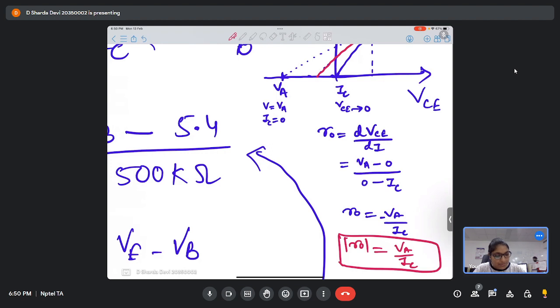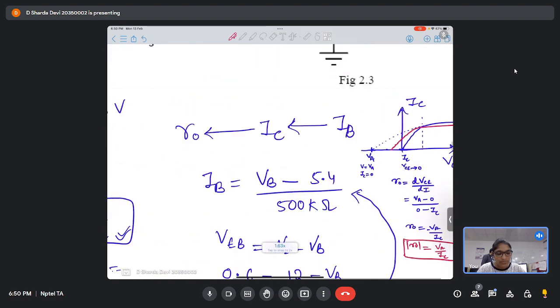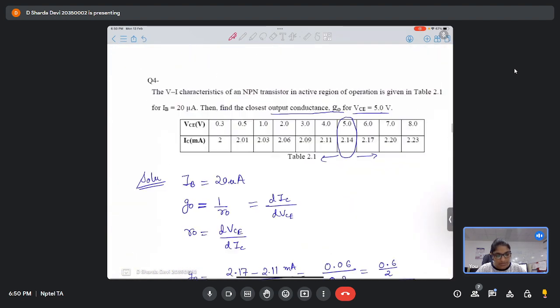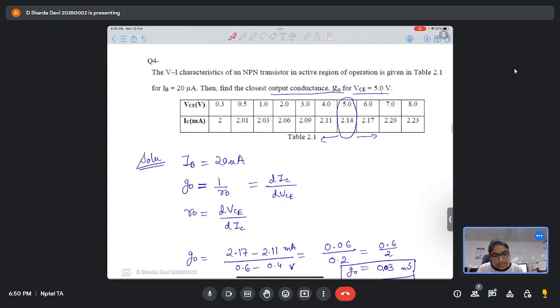because earlier when we were finding this output conductance, in this problem, we had the values of different VCs and different ICs. So for finding R naught, here I'll simply go for dVC by dIC, right?